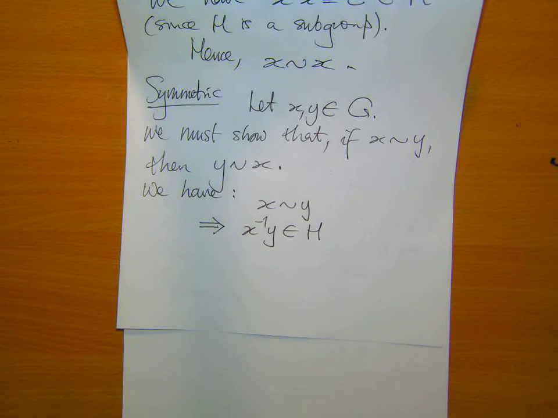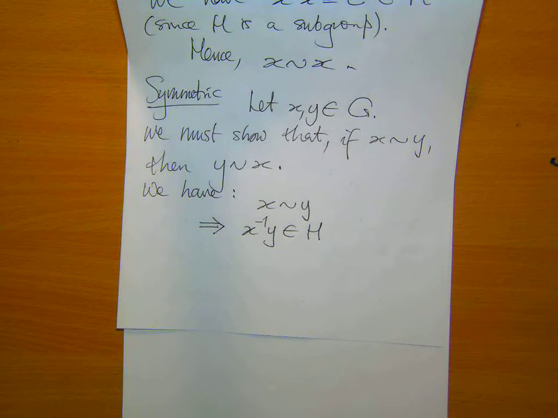I can use the fact that H is a subgroup. So if this element is in H, which element is automatically in H? An element related to this. Well, all we know is that X inverse Y is in H. This combination, but there's another element I can immediately write down that's also in H, knowing that this is in H. Yeah, the inverse of this is also in H. Yeah?